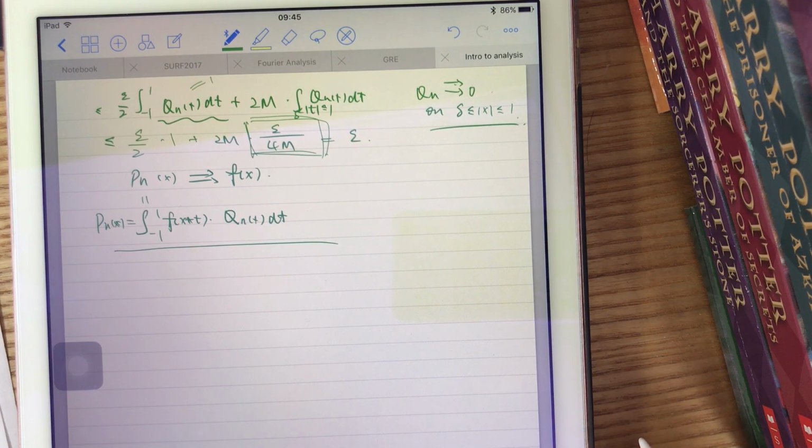Okay, so this is the first part of the video. I've shown the first proof of the theorem. Okay, and I will also show you the next one.